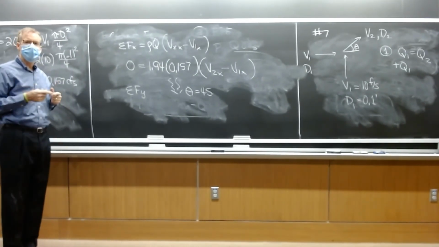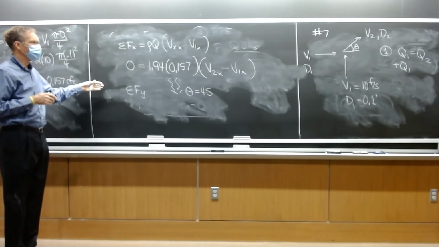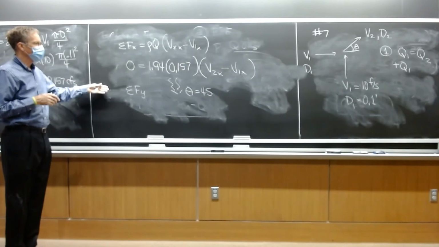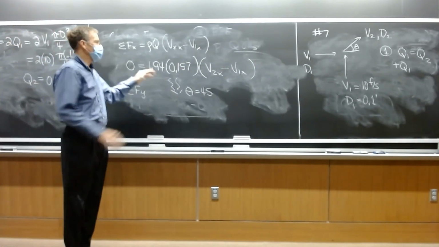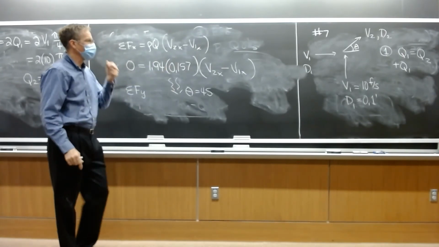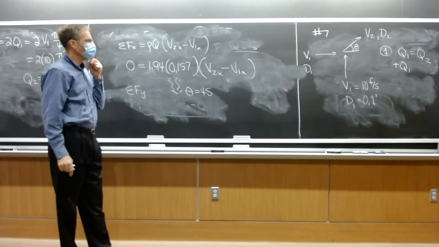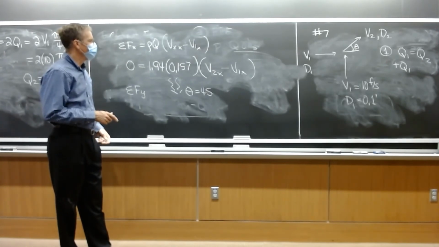So I think that's actually simpler, arithmetically not so complicated. So let's just say that we did this, we got theta equals 45. What do we do with it? So what do we do with it then?